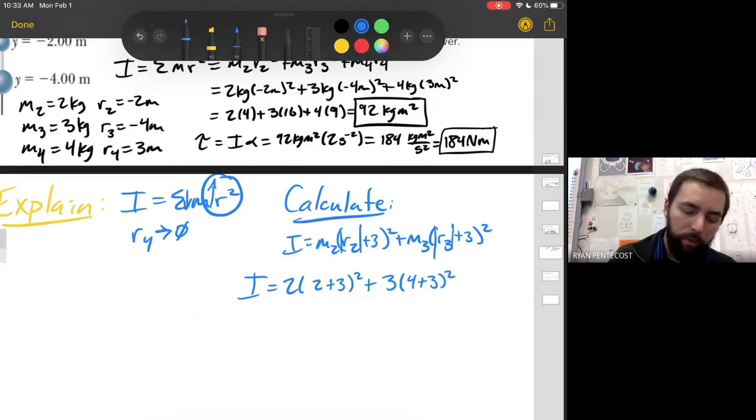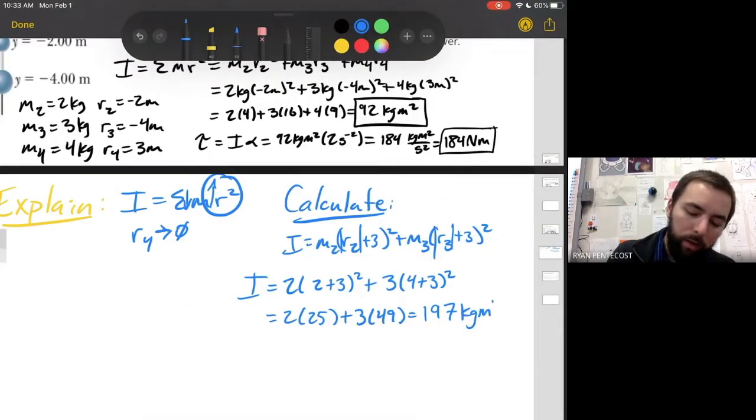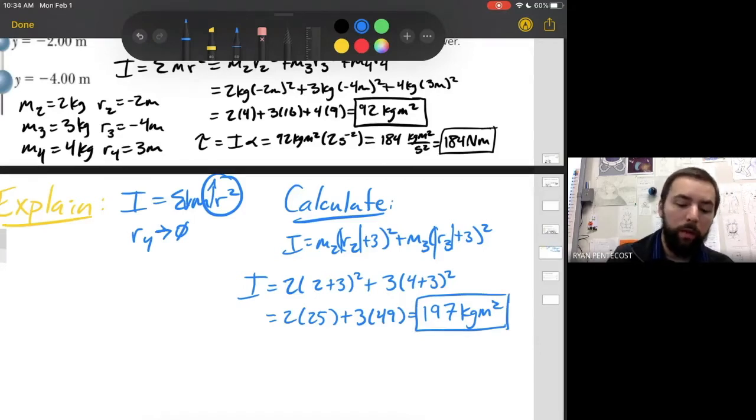So if we do this math, you're going to have 2 times 25 plus 3 times 49. This will come out to 197 kilogram meters squared. So that is a big increase from our 92 to 197, right? We are over doubling our moment of inertia there.